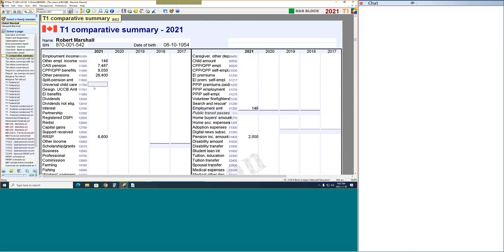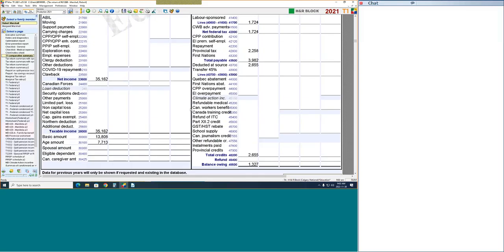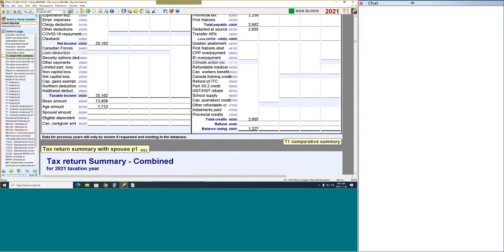One more thing to remember is just the mechanics of a split pension. There are so many different things affected on a tax return when you split pension that even the smallest change can result in a lot of extra administrative work. So if you have prepared a return for someone and you have printed everything and they have signed everything, and you got to the end and then your client comes back and says, oh, I forgot this tax slip, can you put this in? If they find a little bit of a deduction or a little bit of income, as soon as you enter that in the computer, it's going to change everything.